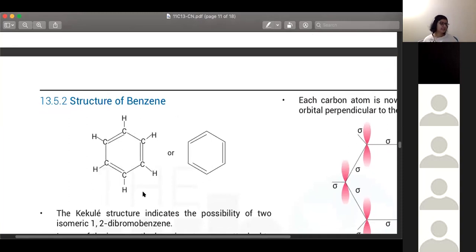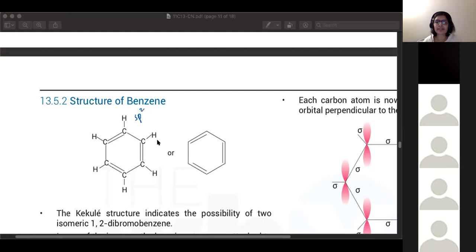Is it a single hybridization or multiple hybridizations? sp2. I'm asking about the hybridization of carbon, not the bonds. Yes, sp2. So all of them are sp2 hybridized carbons only.